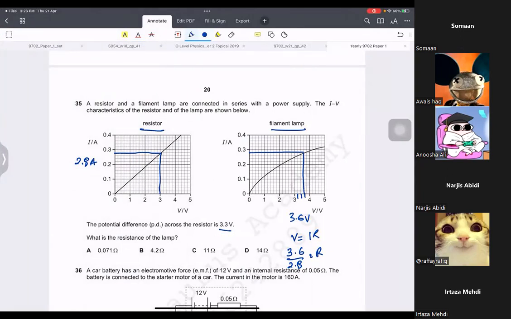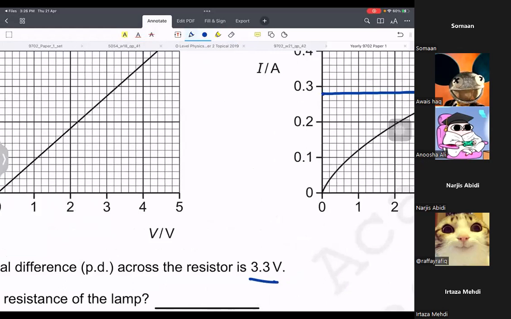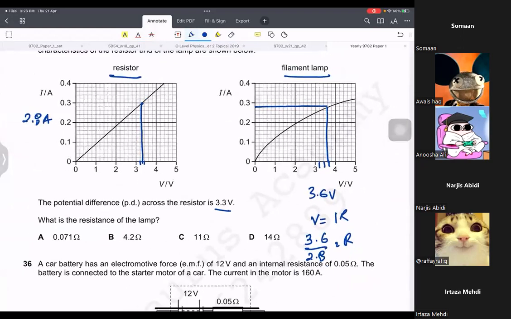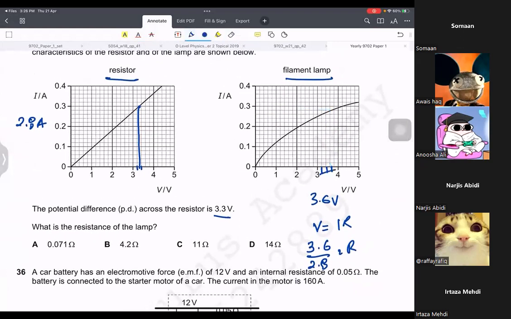I think we took 3, right? That's why. It's 3.3 across the resistor. Okay, let me check what I've done. It is 3.3. Let's check it again. This is 3.2, 3.4, 3.3. Okay, right here, which is 3. Okay, fine. 3 means that this is going to go here, and this will be 4.2 then.